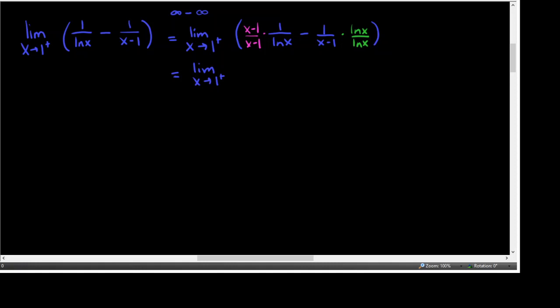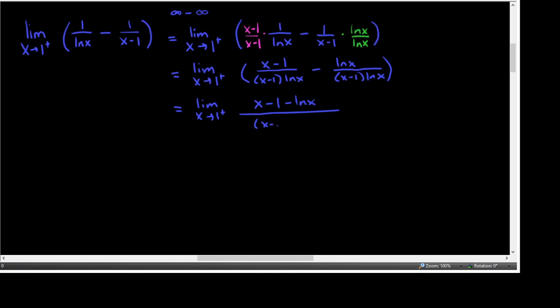And so this will be x minus 1 over our common denominator minus ln of x over our common denominator, and when you subtract the numerators, there aren't any like terms, so there's not a lot of subtraction involved as far as combining like terms is concerned, and you get this fraction as a result.